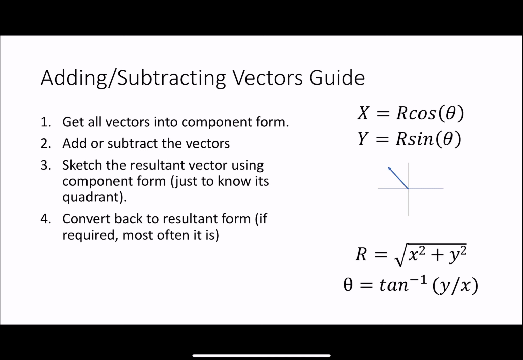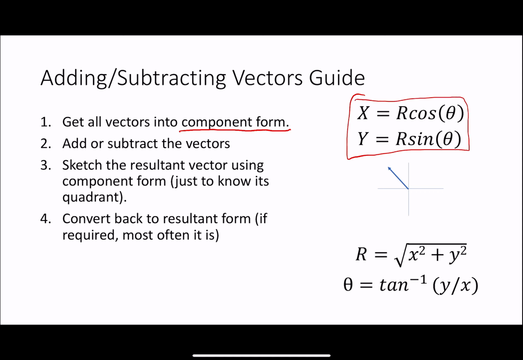So here's the step-by-step guide of what to do. The first thing you're going to do is get all your vectors in component form. They may already be given to you like that, but probably not. Probably they're given in resultant form. And remember, we convert vectors to component form with these 2 equations. It's really easy.